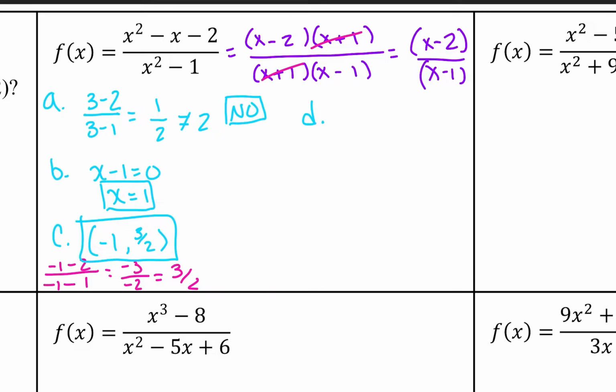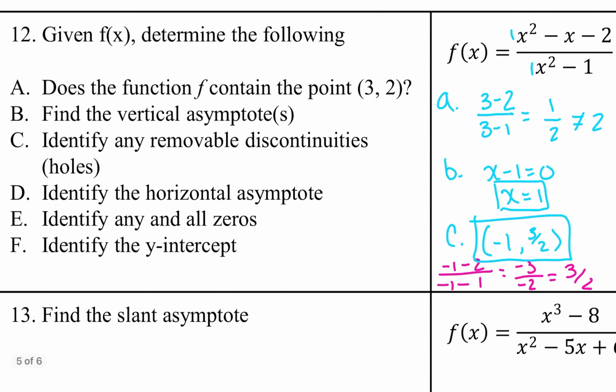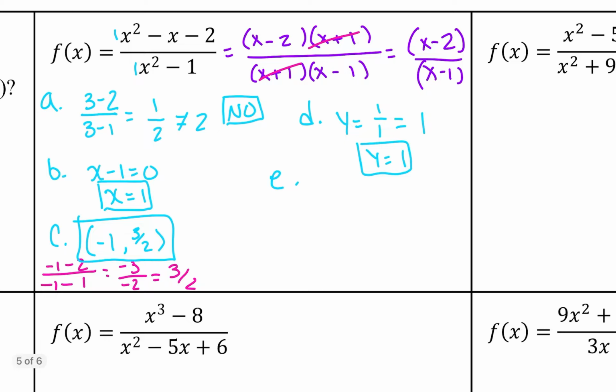So since they both have an exponent of 2, we just divide the leading coefficients. So y equals 1 from right here, divided by 1 from right here. And 1 divided by 1 is 1. So y equals 1 is our horizontal asymptote. In fact, I'm going to write that here correctly. There we go.